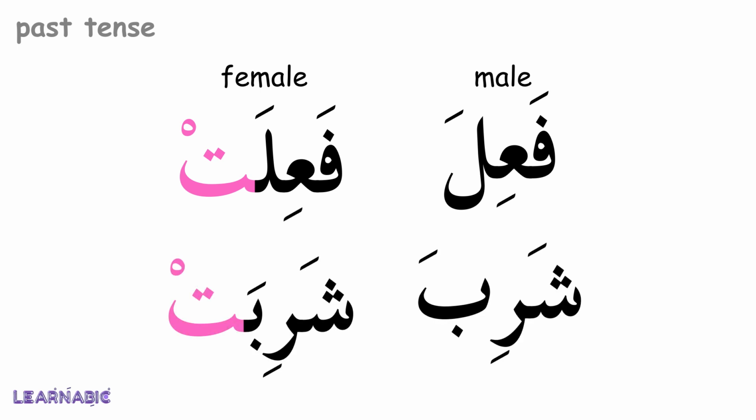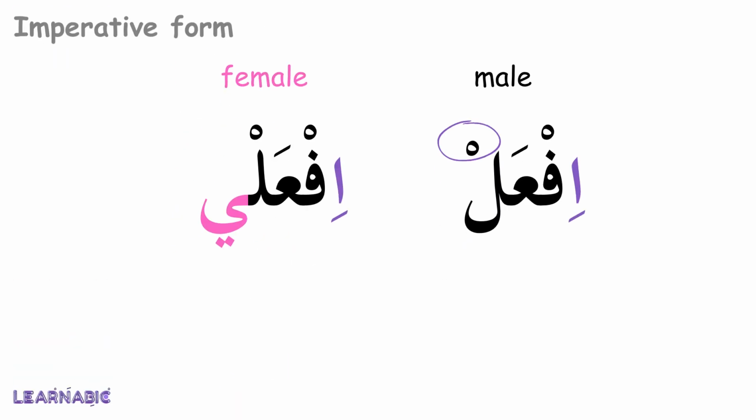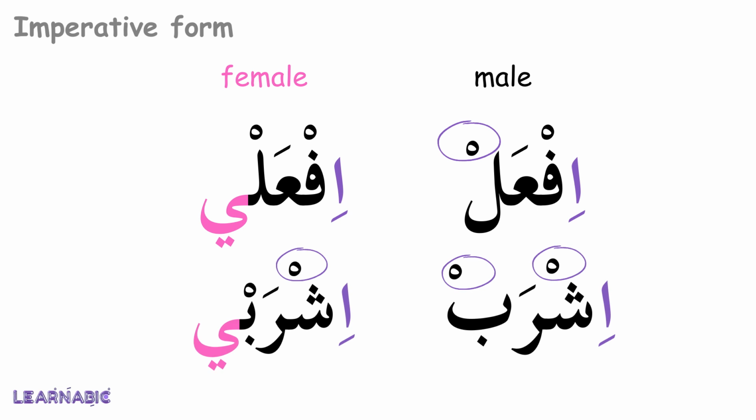For example, شرب, شربت. شرب for male and شربت for female. In imperative form, افعل for male, افعلي for female. For example, اشرب for male and اشربي for female.